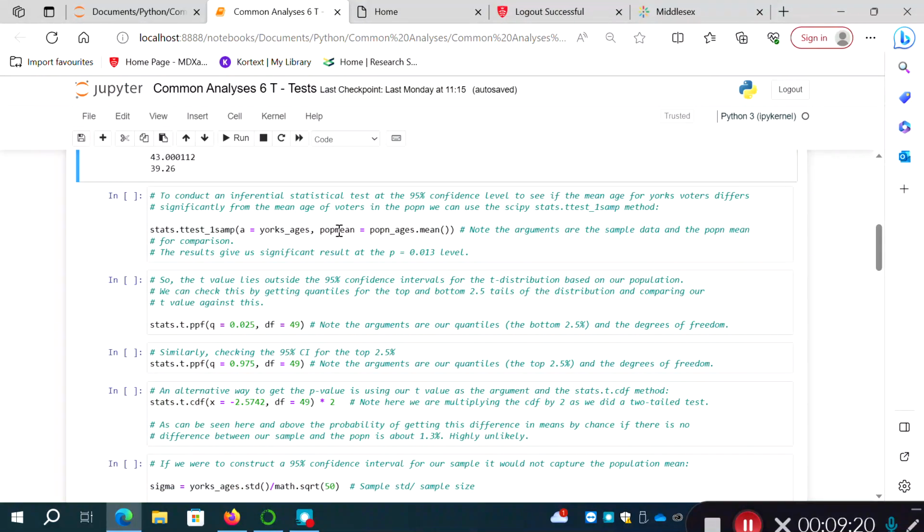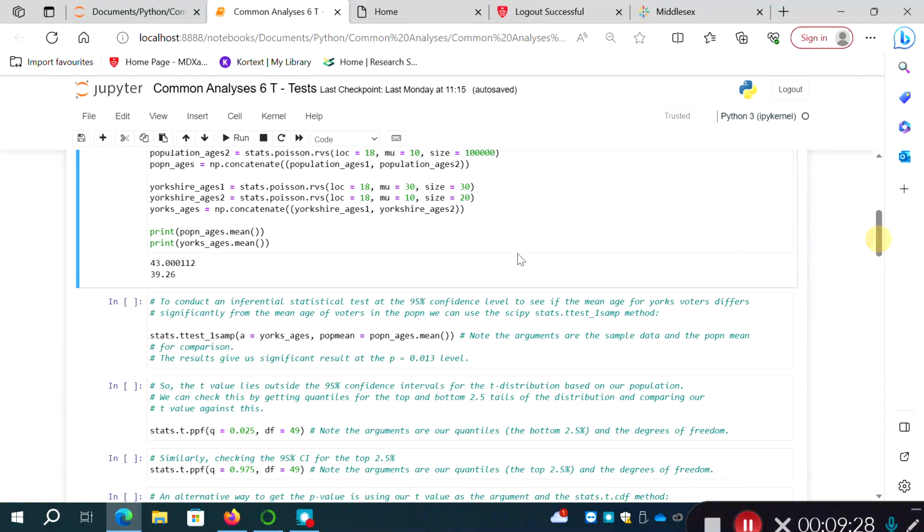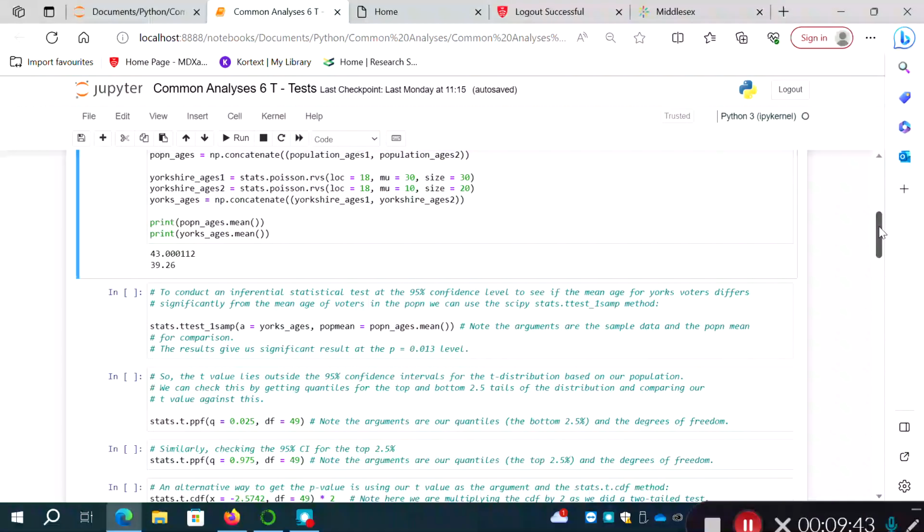Then I've got to specify the population mean that we're comparing it against. To do that, I'm using population ages, but the actual mean value of it, so population ages.mean. This second parameter is basically this value, 43. It could be an array, or it could be an individual value.